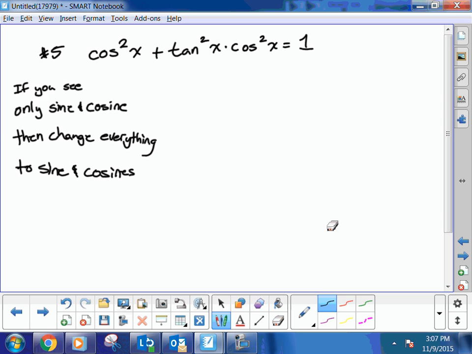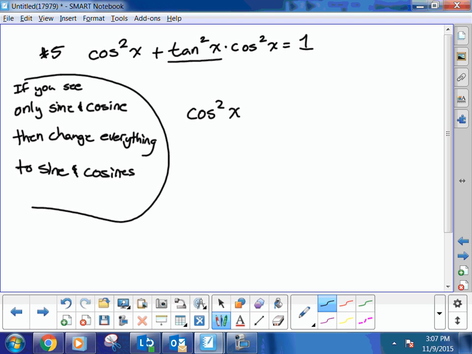Well, the first thing that they should have done, because this is the only thing that's not in terms of sine or cosine, is change this out to its identity property, which is sine squared x over cosine squared x times cosine squared x.